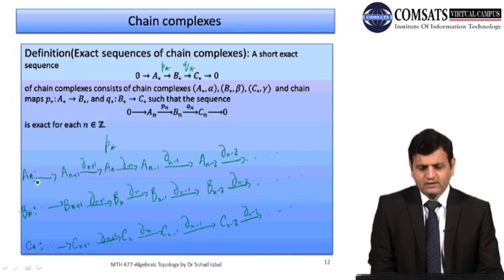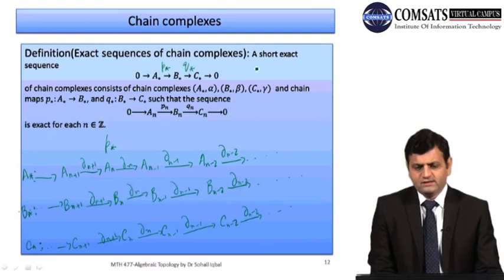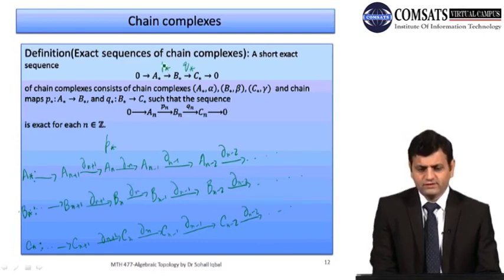The short exact sequence of these three chain complexes is basically a collection of these two maps. P star is a collection of homomorphisms, and Q star is a collection of homomorphisms. These two collections give me a short exact sequence of these three chain complexes.